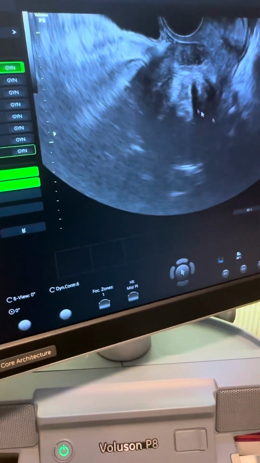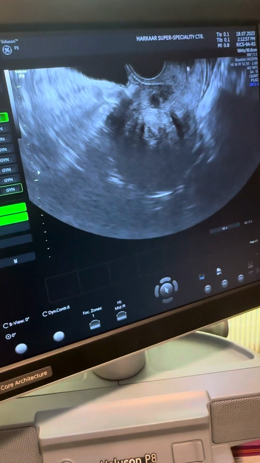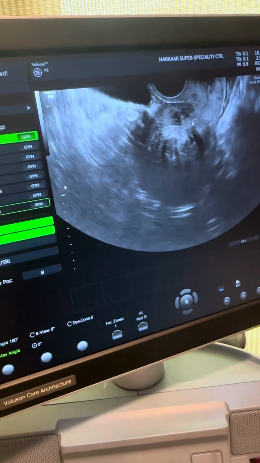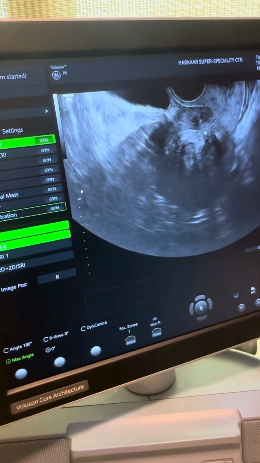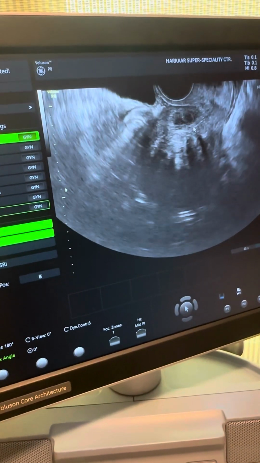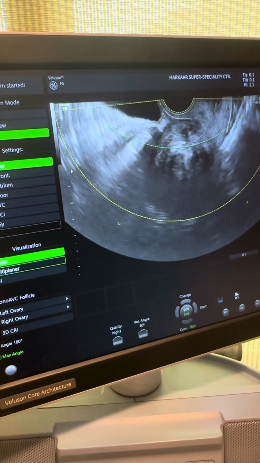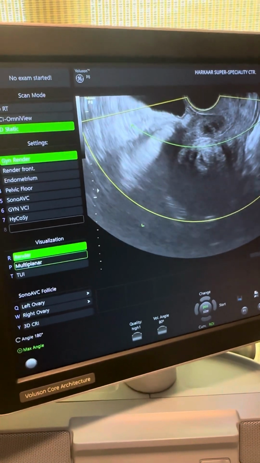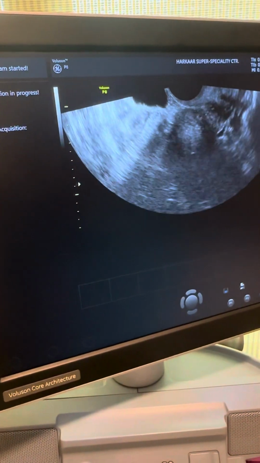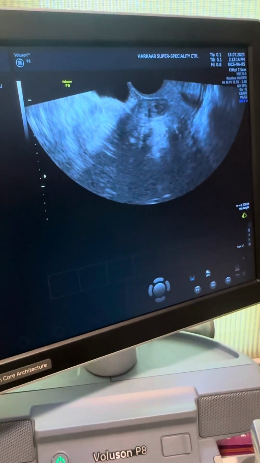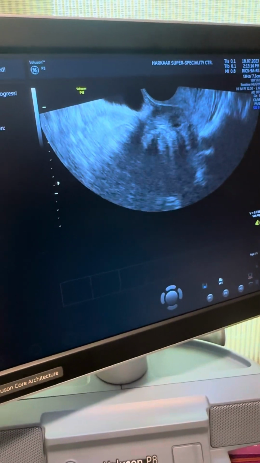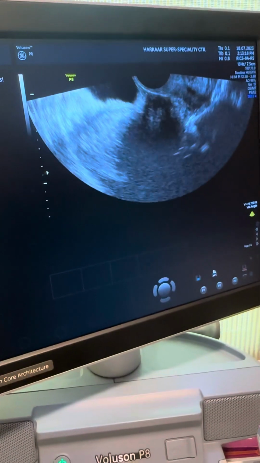See, again we'll see this on 2D grayscale. This big fibroid, from here starts the endometrial cavity. Here it is being interrupted by the fibroid and pushed anteriorly. There is no free space between the endometrial cavity and the fibroid. Again we will do 3D 4D ultrasound to see whether any of the endometrial space is left or not.